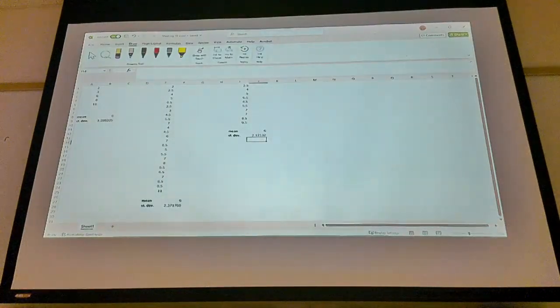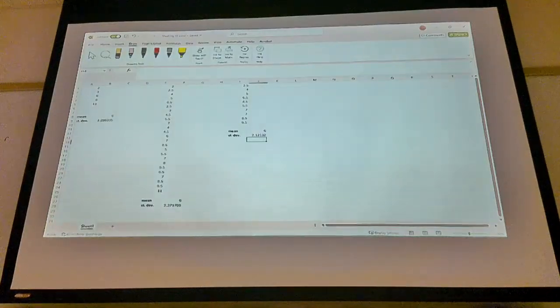Which means, by the way, if I would have said samples of size 3 with replacement, that's 5 cubed possibilities. 5 cubed is 125. So you'd have a distribution with 125 means in it. Have fun.